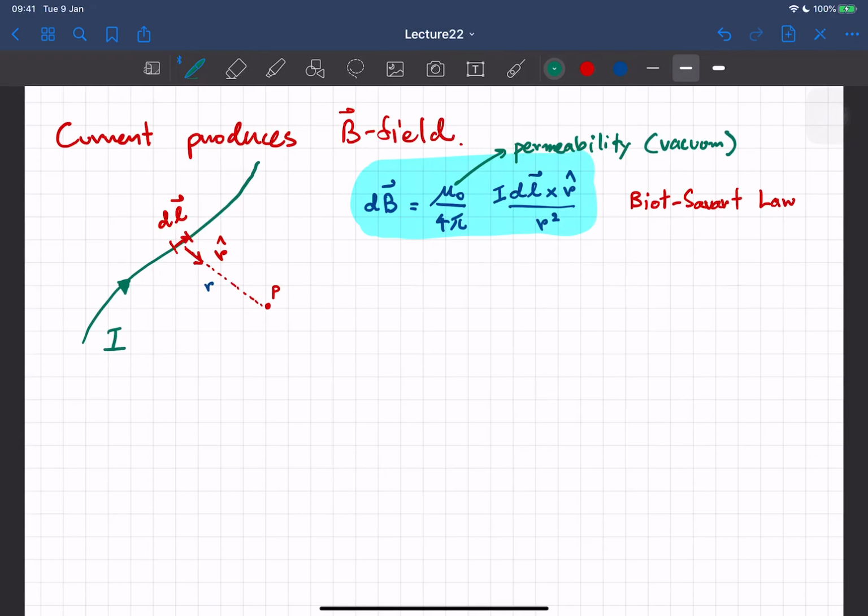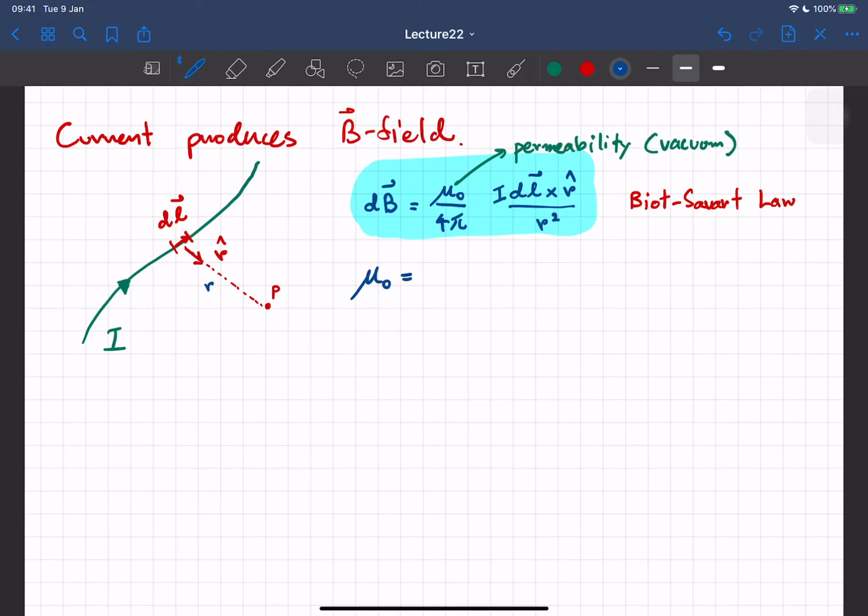So in order to calculate the magnetic field, you need to integrate this. Actually, just to be sure, let me put in the value of mu zero here.